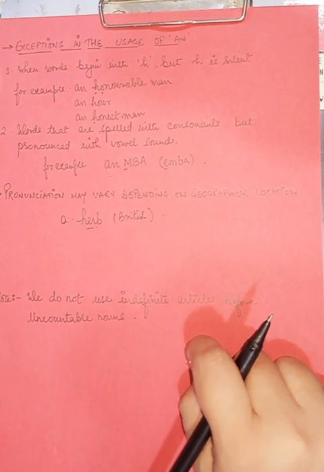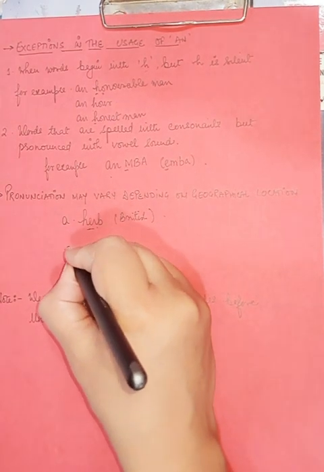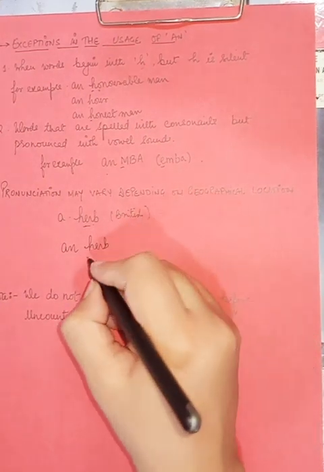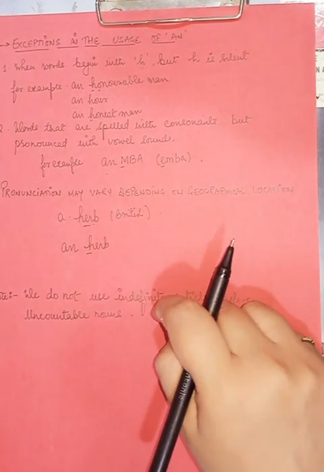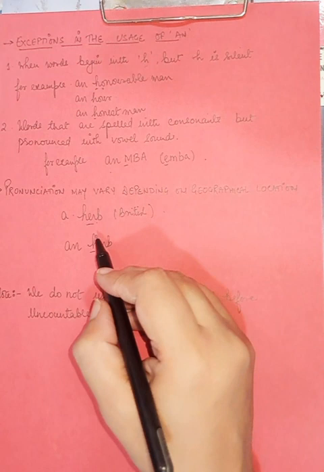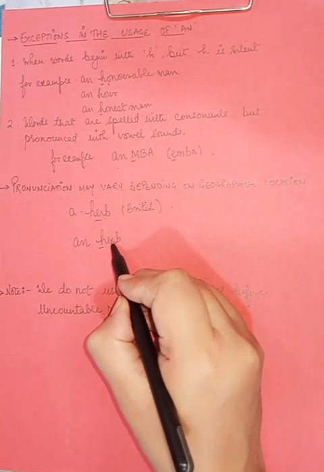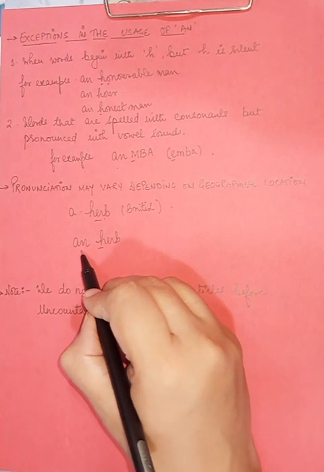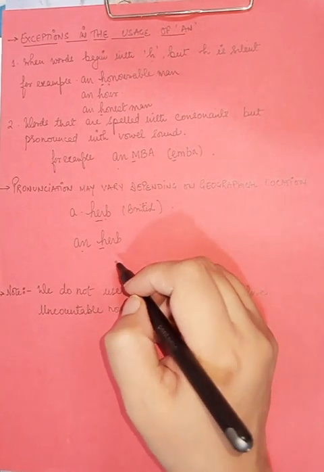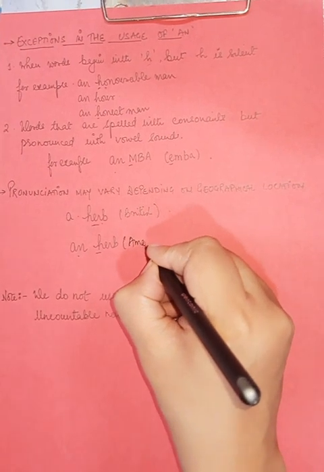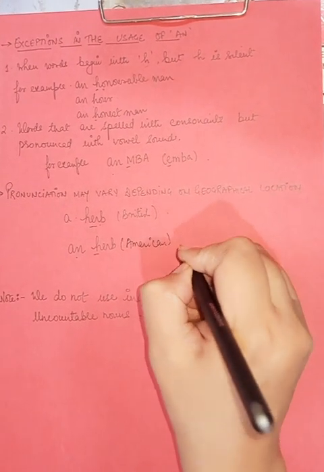But in the American accent, it is an herb, because for American people H is silent, so they go with the pronunciation erb, where they see this E, and that's why they put an. So it is an herb for the American accent and a herb for the British accent.